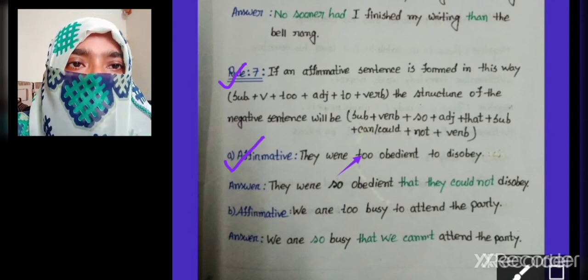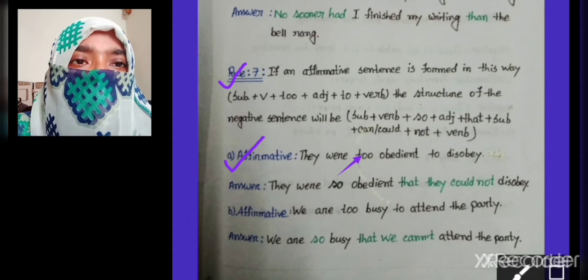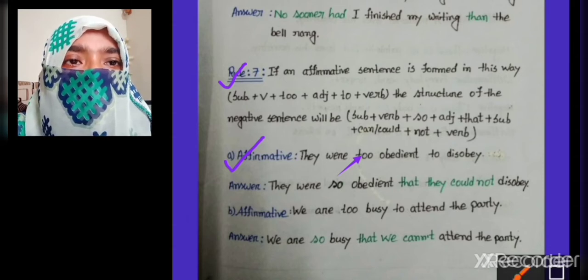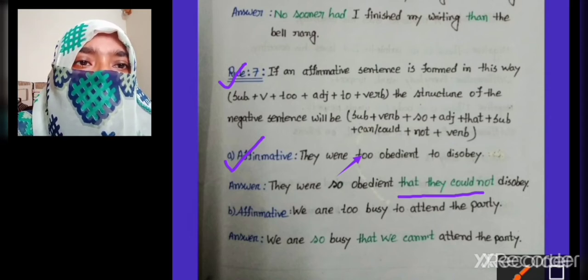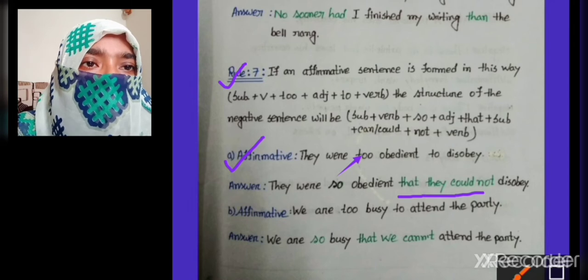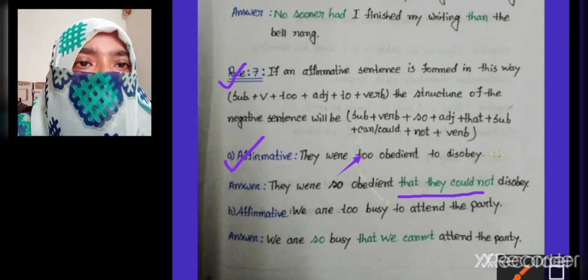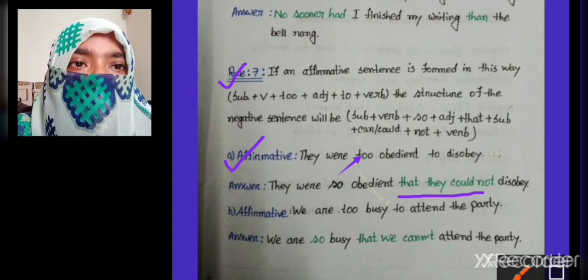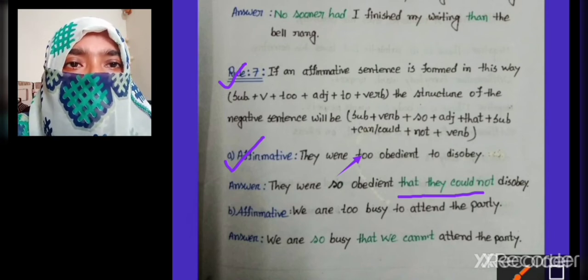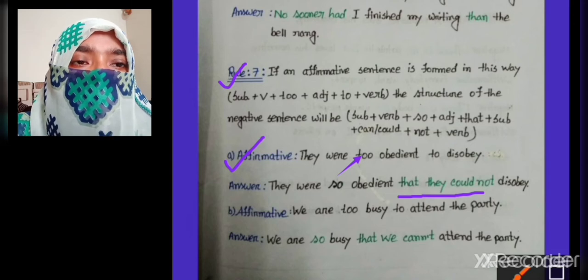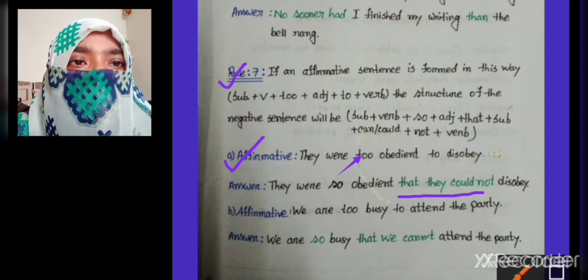Then the adjective "obedient", then "that". We will have to bring here after this adjective "that", then the subject of the previous part of the sentence, "they", then you will have to use "could not", then the verb of the affirmative sentence after "to".